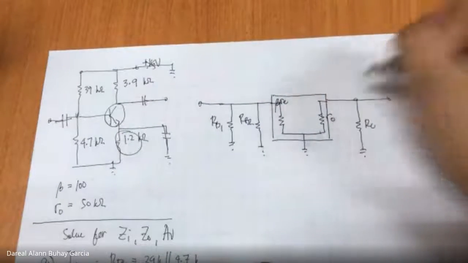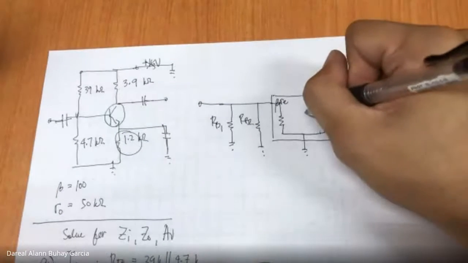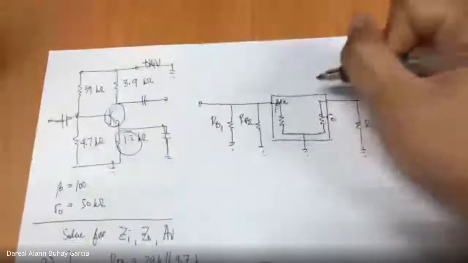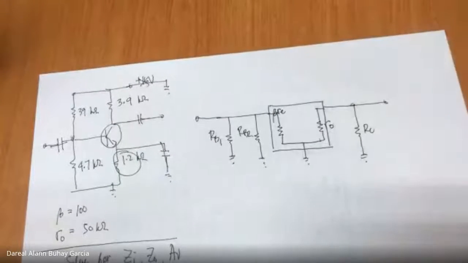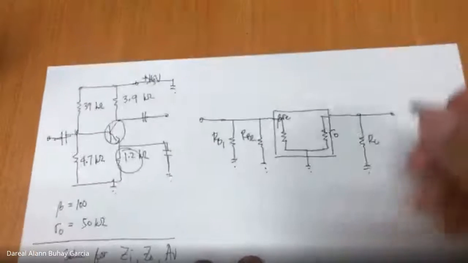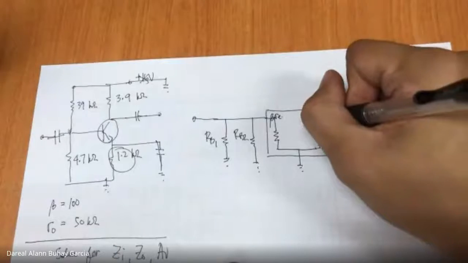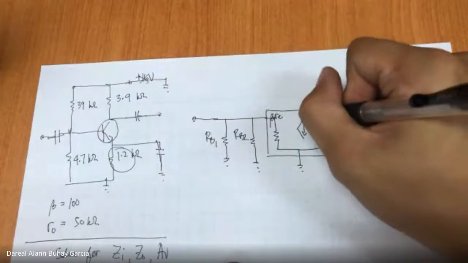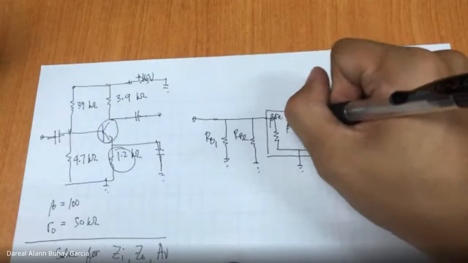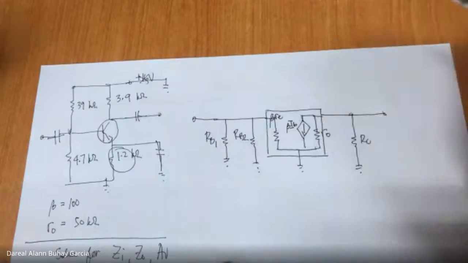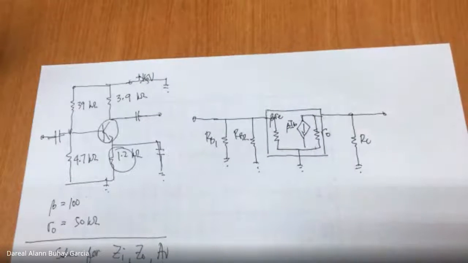This one is RO. And this is the current source, beta IB.